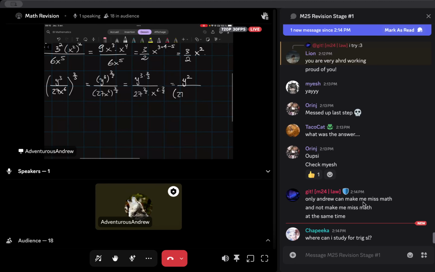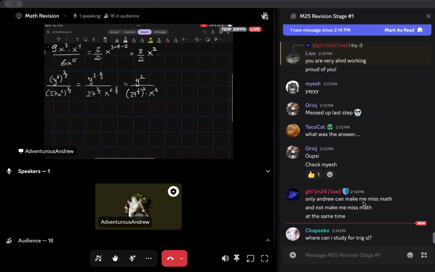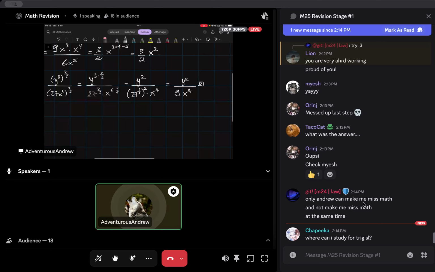That's 27 to the 1 over 3 squared times x to the 6 times 2 over 3, 4. 27 to the 1 over 3, or the cube root of 27, is 3, squared, you get 9. So final answer, y squared over 9 times x to the 4.